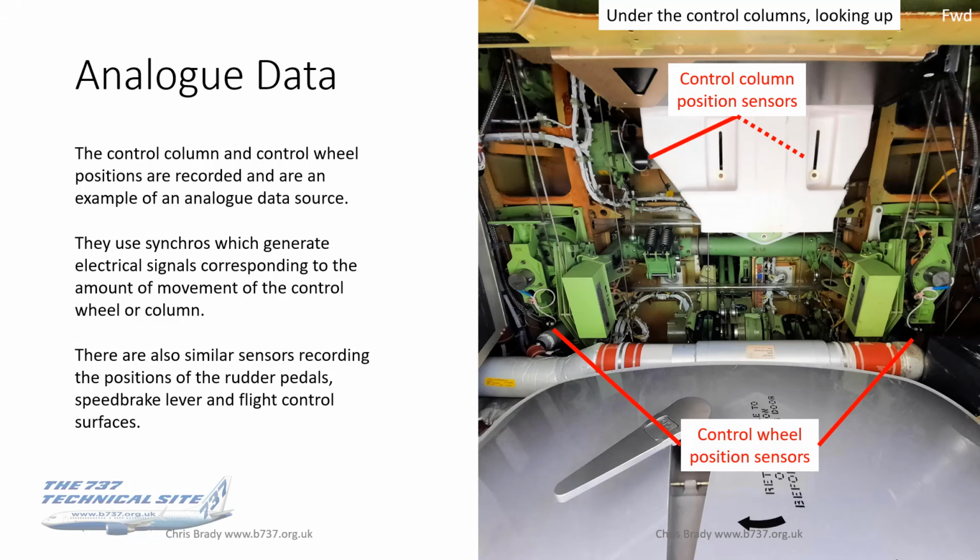Now these use synchros to generate electrical signals, which basically correspond to the amount of movement of the control wheel or the column. There are similar sensors recording the positions of the rudder pedals, the speed brake lever, and the flight control surfaces as well.